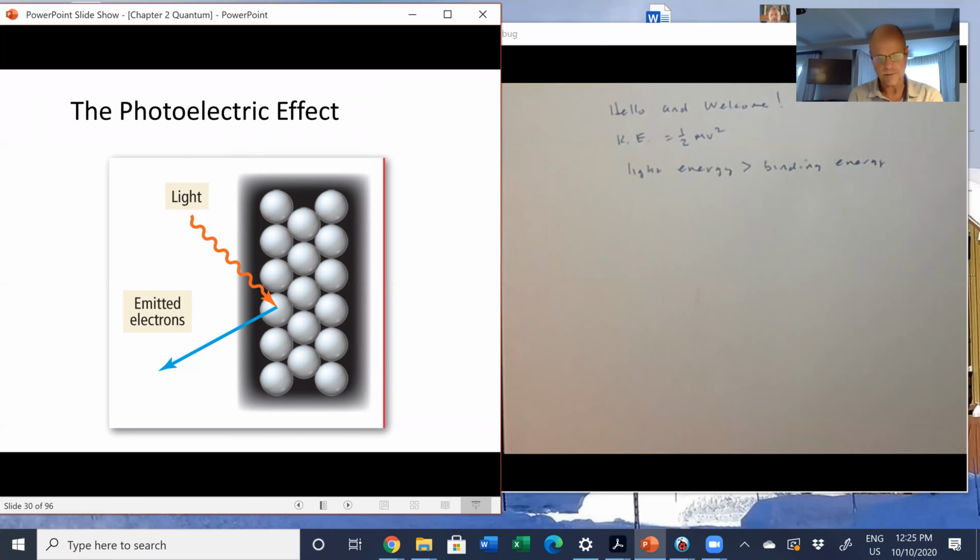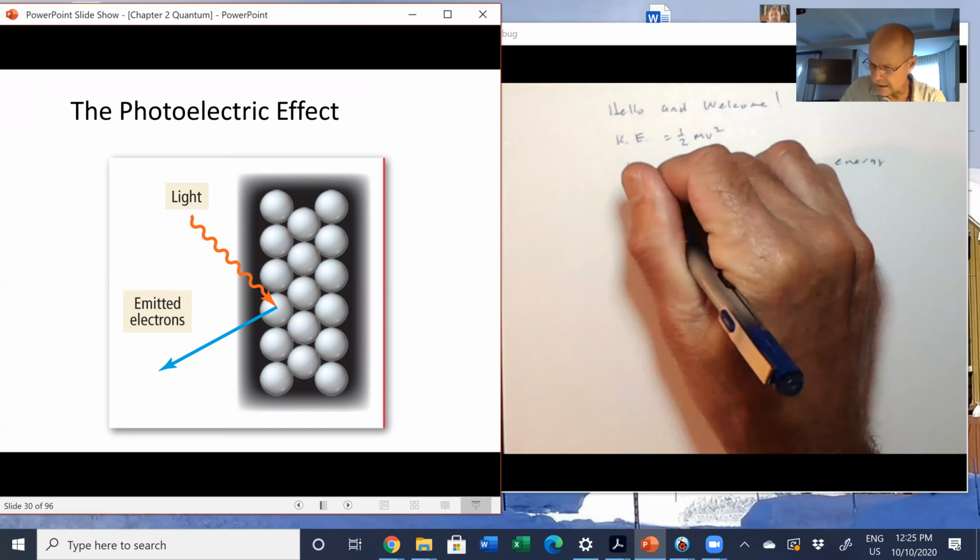That's sometimes called the binding energy. So for this photoelectric effect, what people expected was, if you just provide enough light energy, you'll eventually emit an electron. Even if you had a dim light, if you just waited long enough, you would see an electron emitted.